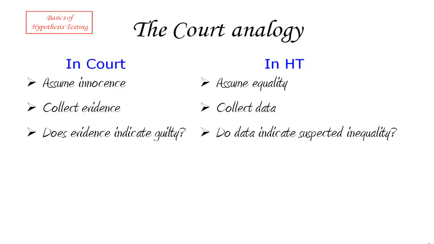Does it support the assumption of the inequality, not the equality that we started from? In the court system also, once all this is analyzed, people arrive at a conclusion, at a verdict, either guilty or innocent. In the same way, in hypothesis testing, we're going to arrive at a conclusion, either that the inequality seems to exist, or that we don't have any evidence for it, or not enough evidence for it.